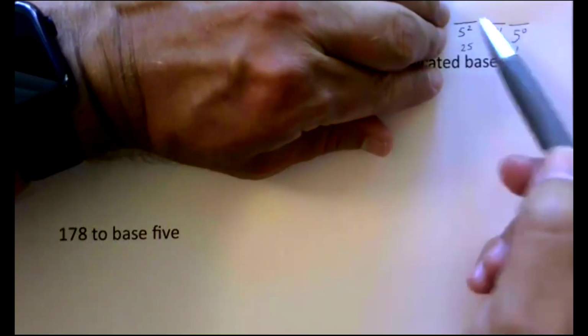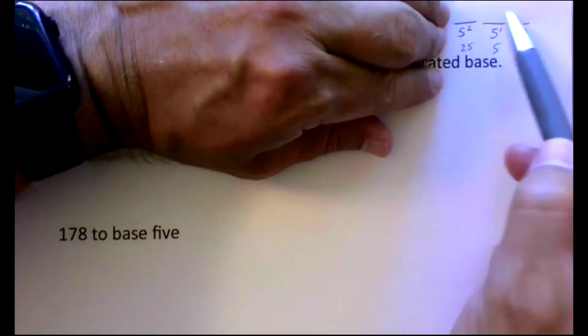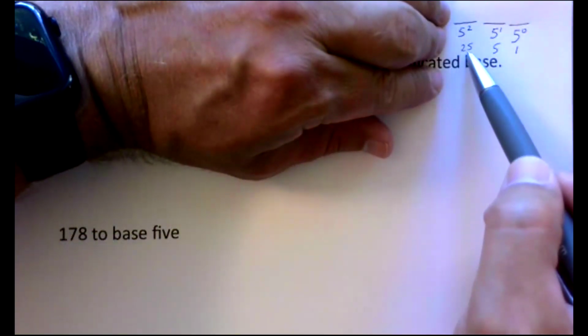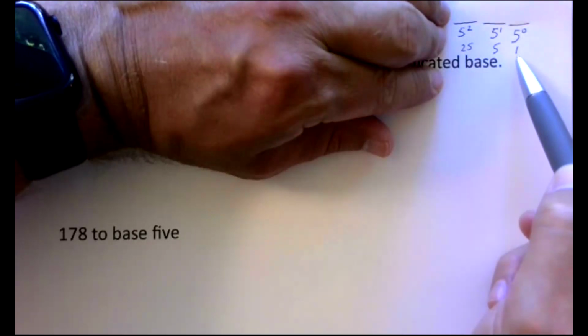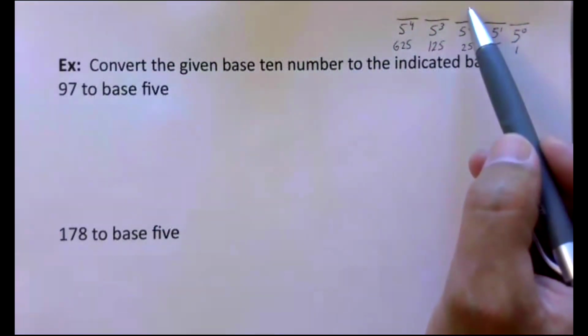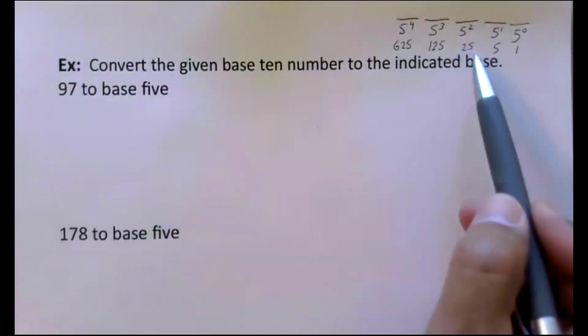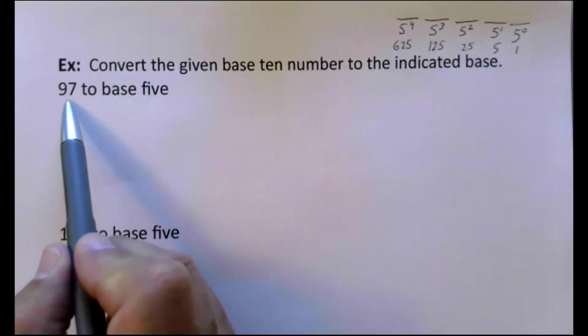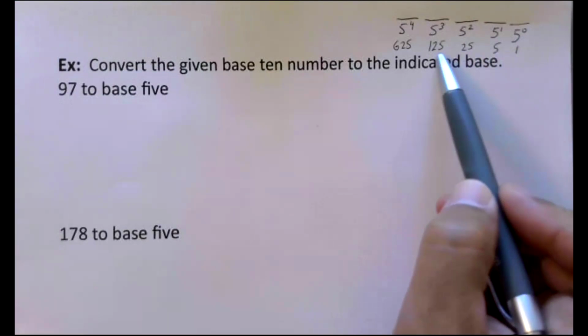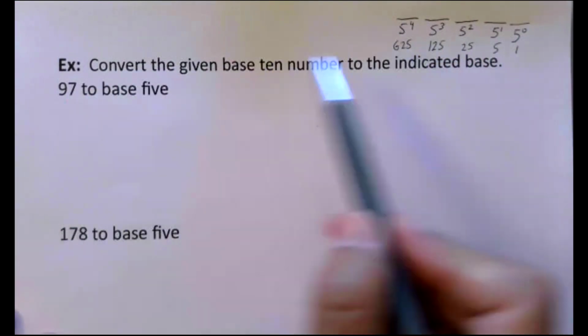My answer to this first question is going to be a 3-digit answer. It's going to be a certain amount of 25's plus a certain amount of 5's plus a certain amount of 1's. So I'm going to take 97 and divide it by 25 because that's the last number that's not bigger than 97.